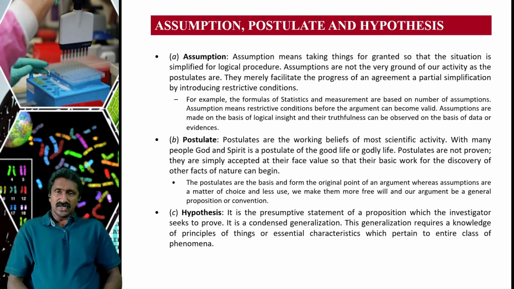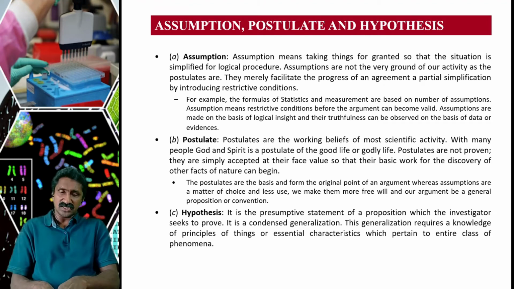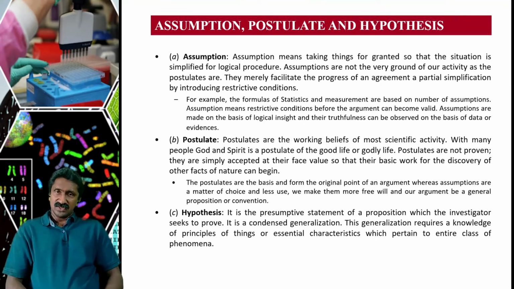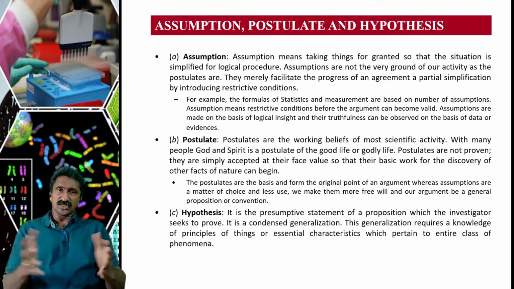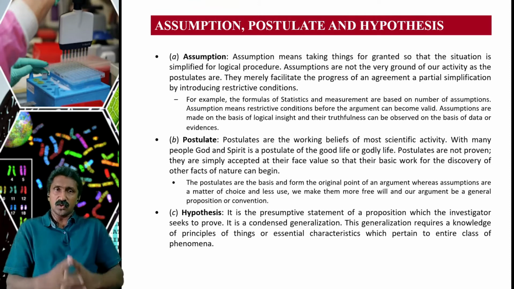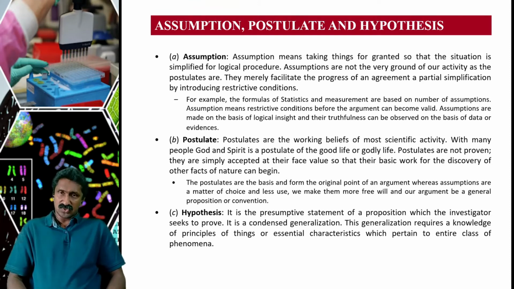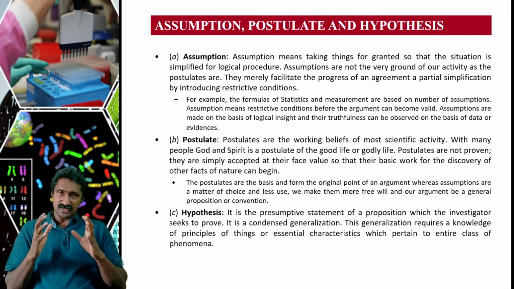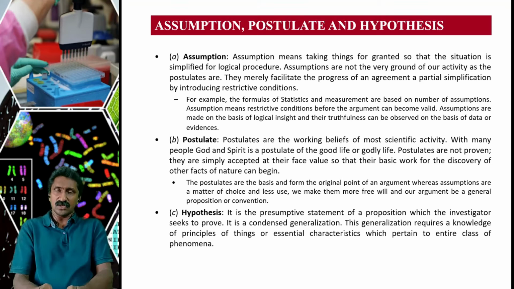Or you can say that you can assume a theory is true, and assuming that all participants were boys, or assuming all participants were girls. If you make such a statement, it excludes something, or it limits the scope of your arguments. So assumptions mean things are taken for granted so that the situation is simplified for logical procedure.